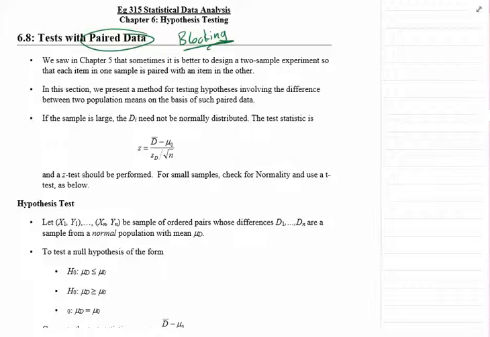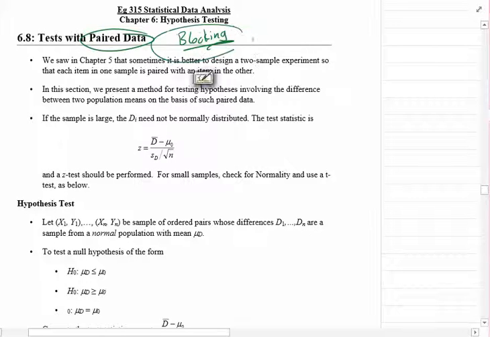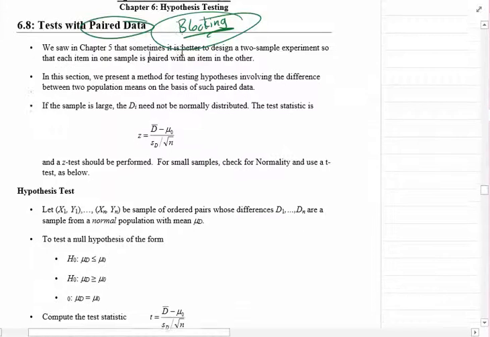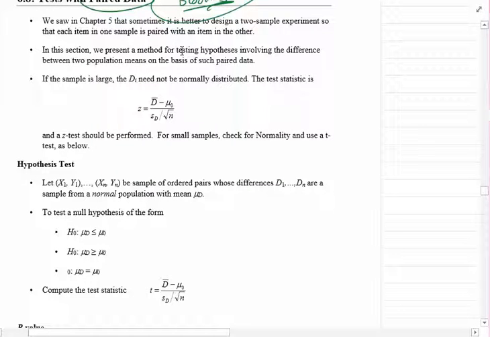So we try to design the experiment in a way that removes that source of error. That concept is called blocking. One common way to do that is to pair up your measurements so that it eliminates that particular source of error.